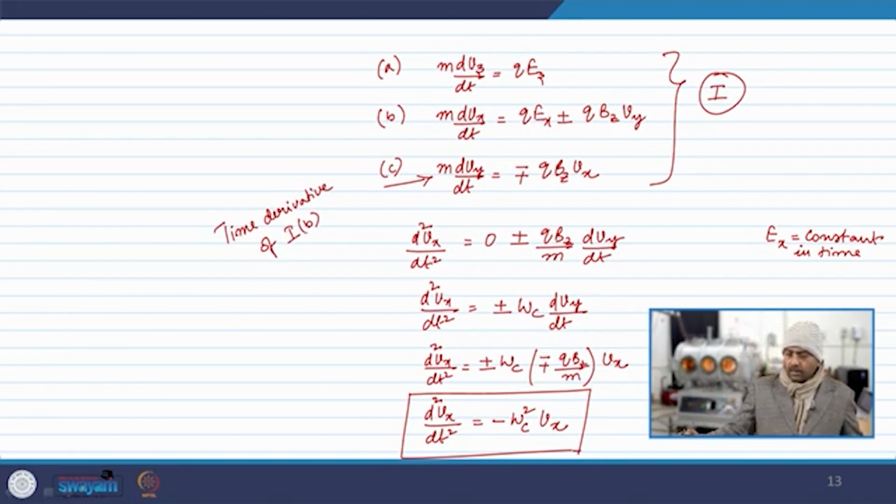Let us take the time derivative of Roman 1 C, which will be m d square Vy by dt square equals minus plus q Bz dVx by dt.